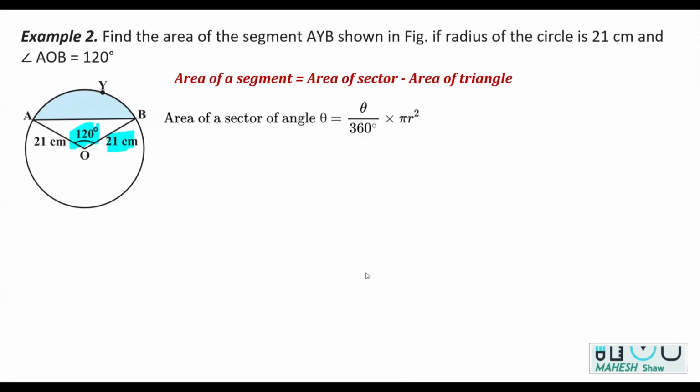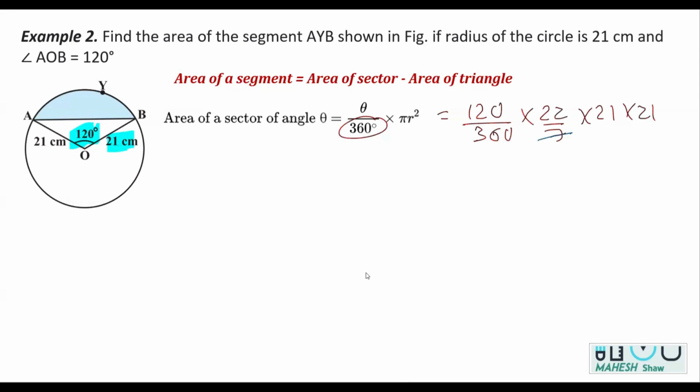I can write here, it is equal to theta over 360, so theta is 120 degrees over 360, into pi. Pi is not mentioned, so 22 upon 7. The radius is 21, so 21 into 21.